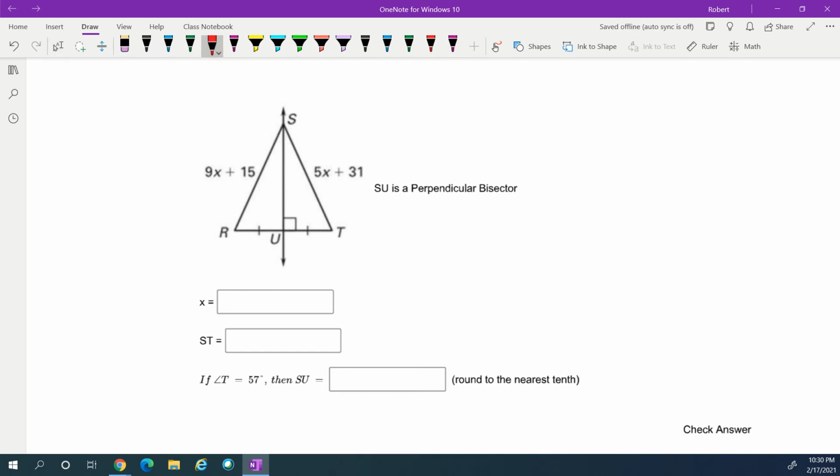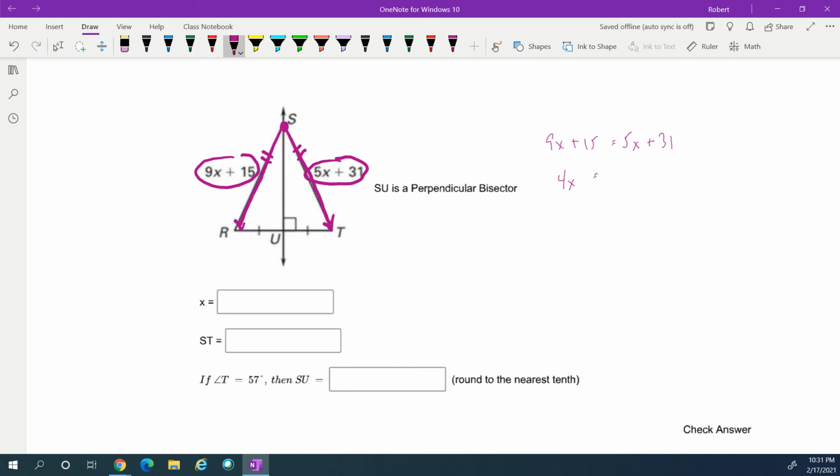And again, you can see it's going to start off the same way. SU is a perpendicular bisector. Every point on the perpendicular bisector is equal distance to those endpoints. So these segments are congruent, and we're going to set them equal. So 9x plus 15 equals 5x plus 31.